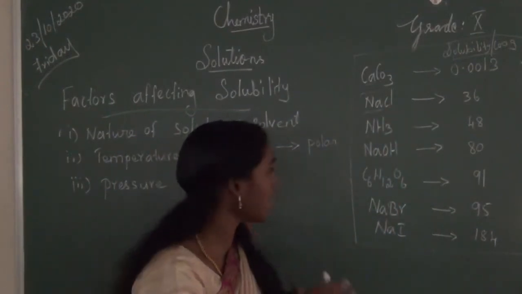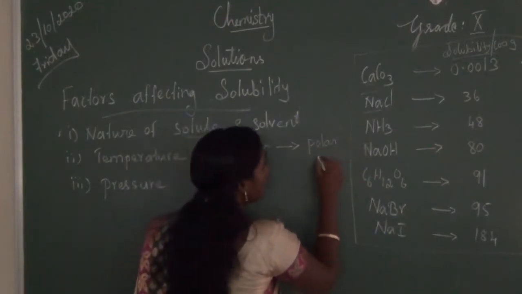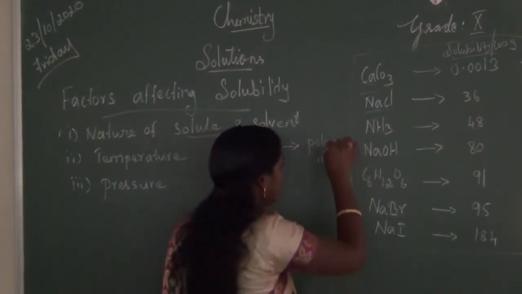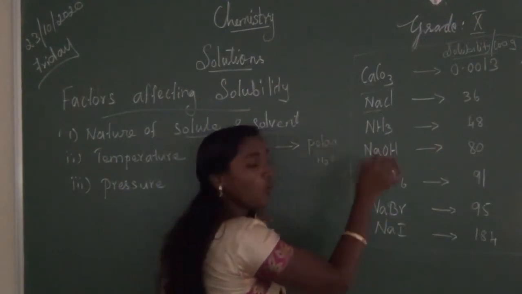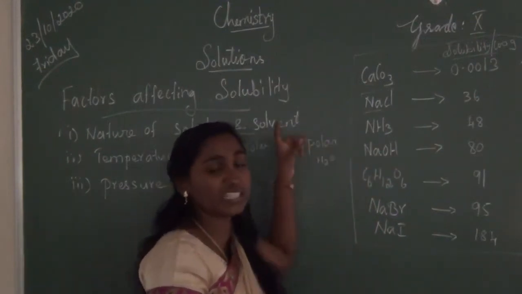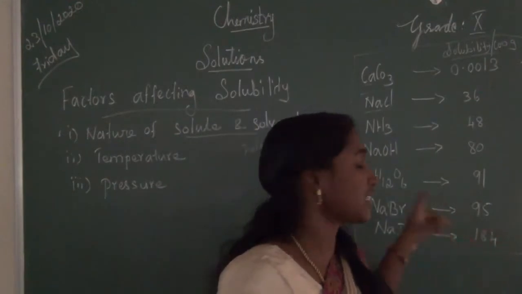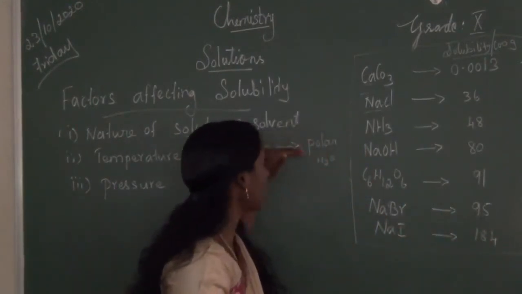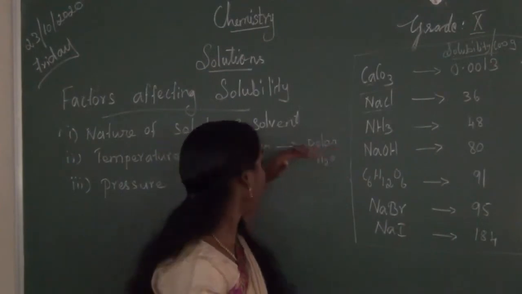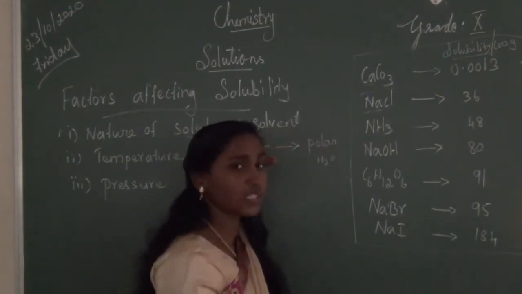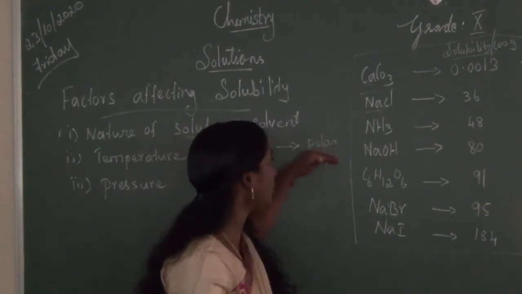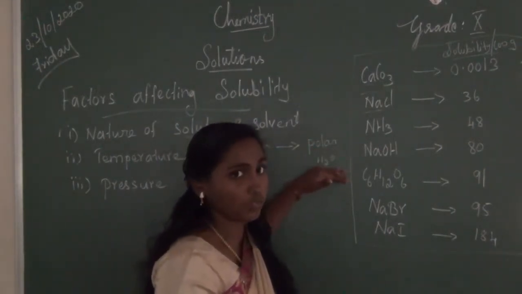Polar solvent means another one, a better example, water. When water is split, it splits into H plus and OH minus. Here also ions form. So polar compounds, that means polar salts, can dissolve only in polar solvent.